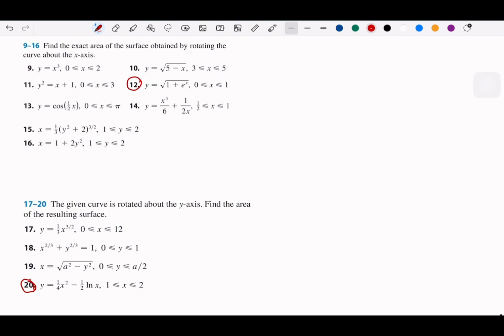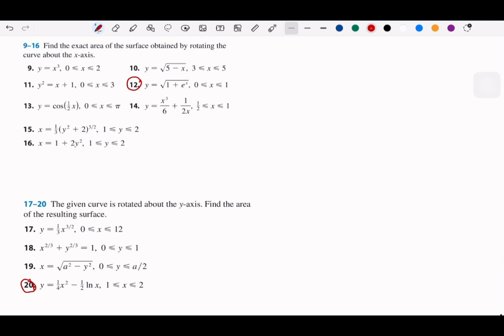Okay, try number 12 and 20. The rest, I hope you can try at home. Later this week, I will upload the notes for our class. I think every week I will upload. So hopefully today we can finish this part, and then we move to chapter 10.